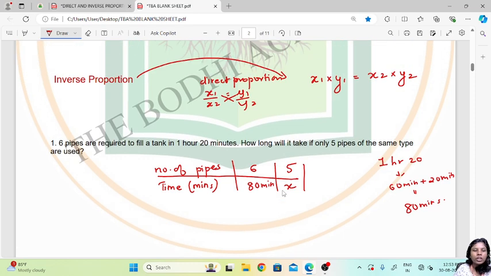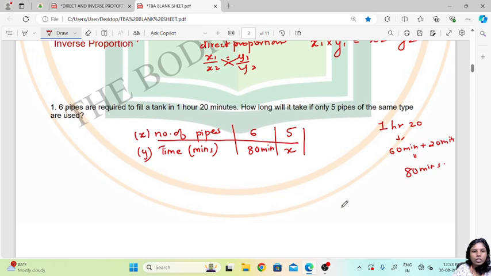Now if we look at this case, say this is our x and this is our y. So this is x1 and x2, and y1 and y2.